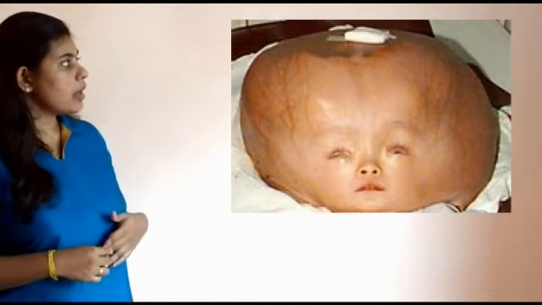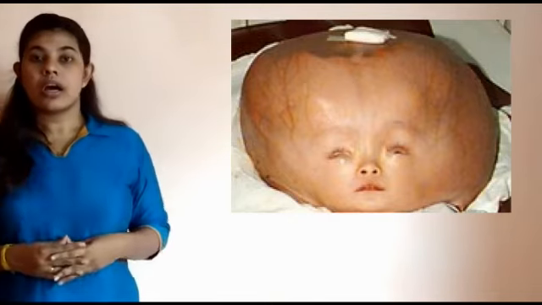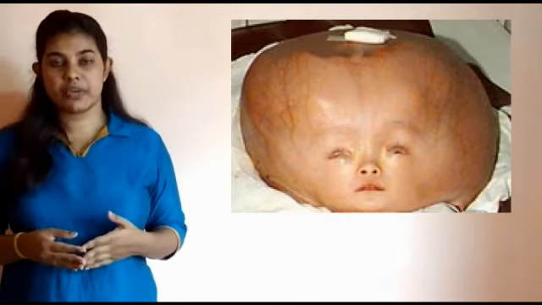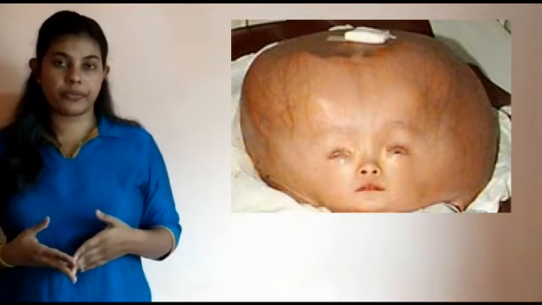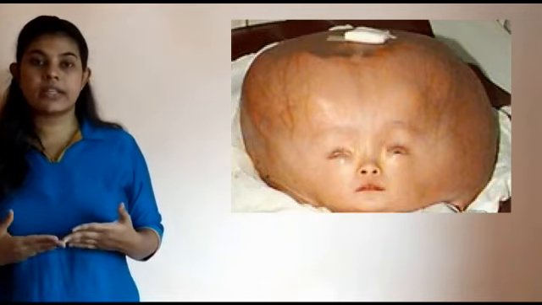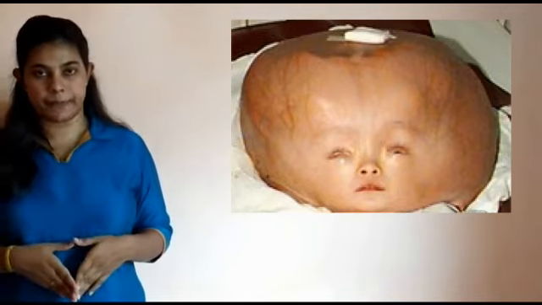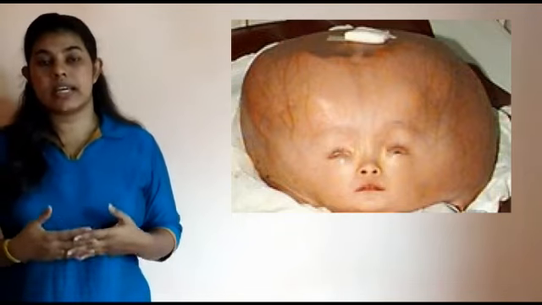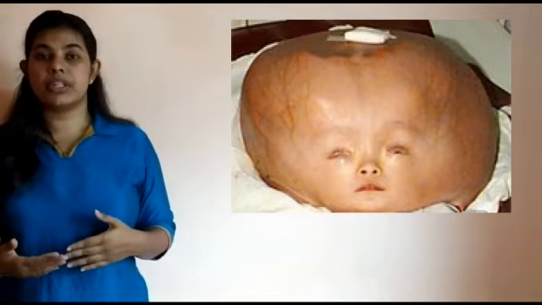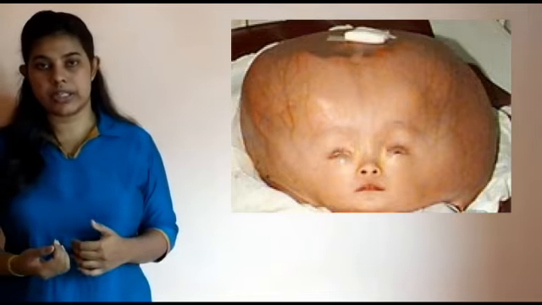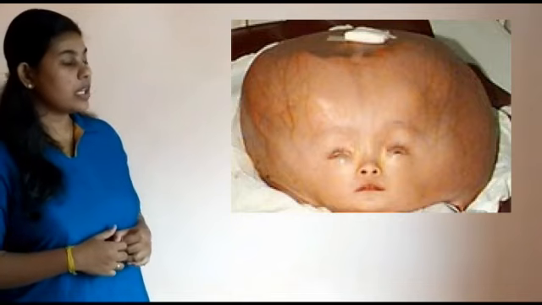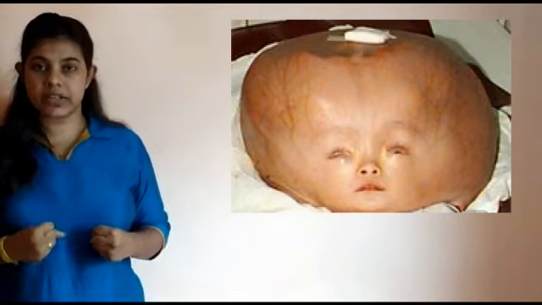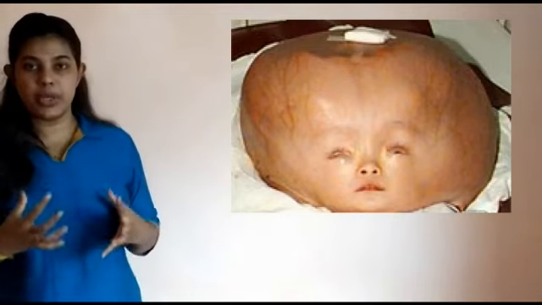It leads to enlargement of the skull, especially the forehead, expansion of the ventricles and atrophy of the brain, with increased intracranial pressure. Hydrocephalus is a condition in which there is a disequilibrium between absorption and secretion. The most common problems are increased intracranial pressure and enlargement of the ventricles.